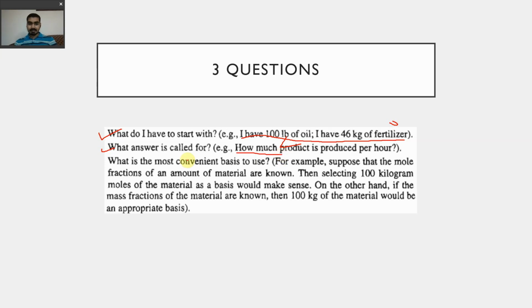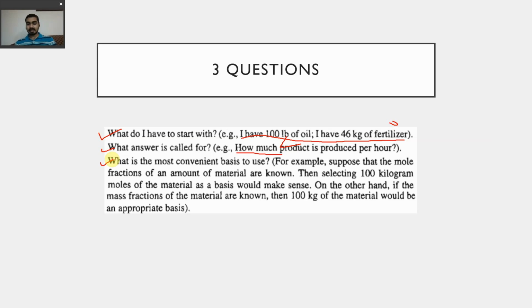And then the third question, which is the most important one, you should always use while starting or writing the answer: what is the most convenient basis to use? As I discussed in the first question, you will be given more than one piece of data in your question.